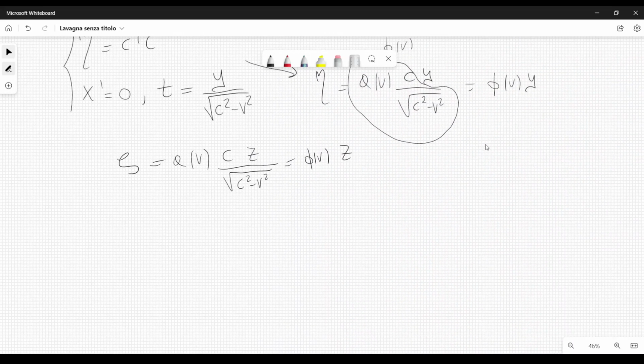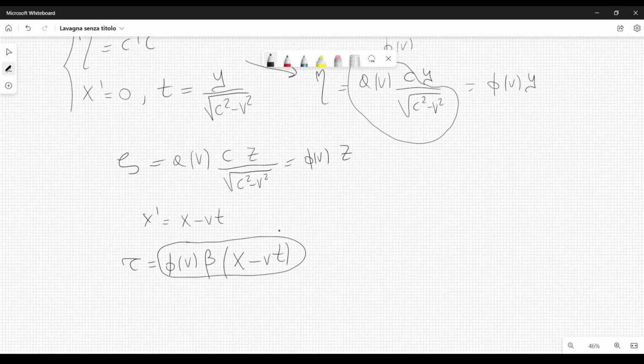Now, remember that we know that x prime is equal to x minus vt, and we can rewrite the equations that we found. So tau is equal to phi of v times beta, and then here we have x minus vt, and remember this is xi, but then we have to divide this by c if we want to find tau.